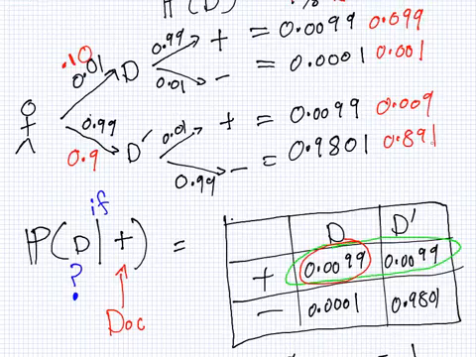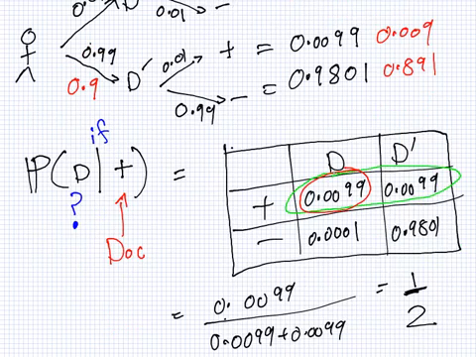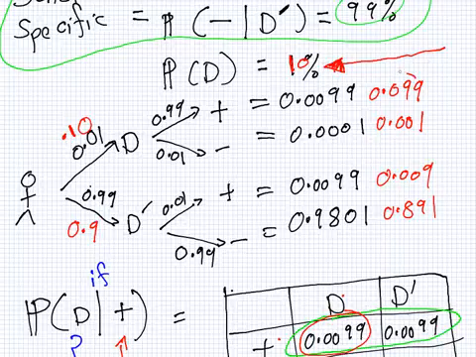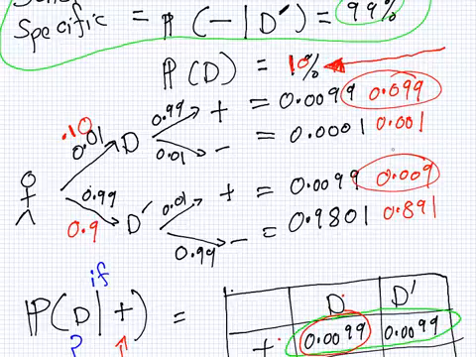So which two numbers do I need to add? It was disease positive over both the positives. So diseased, so it's this one over this one plus this one here, isn't it? 0.099 over 0.099 plus 0.009.